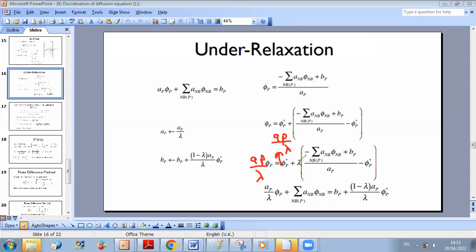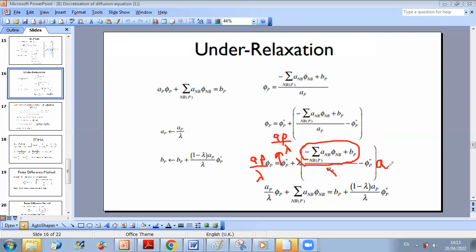Here, when you multiply this term by AP over lambda, since it was also multiplied by lambda over AP, only this term remains. And minus, for this term, phi old is multiplied by lambda. Now you are multiplying by AP over lambda, so I have minus phi p old times AP.